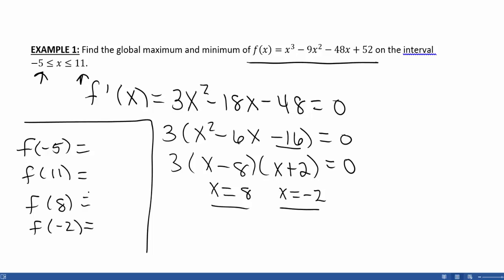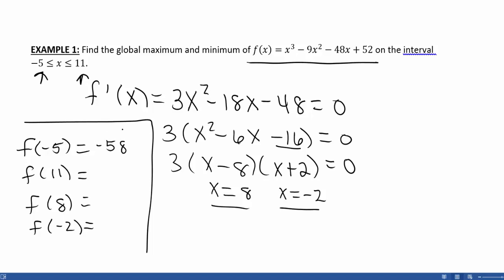Again, I'm plugging each of these values back into the original function to see the y values that I get, because I know my global max and my global min have to happen at one of these 4 points. So when I plug in a -5 into my original function, I'm going to get -58.